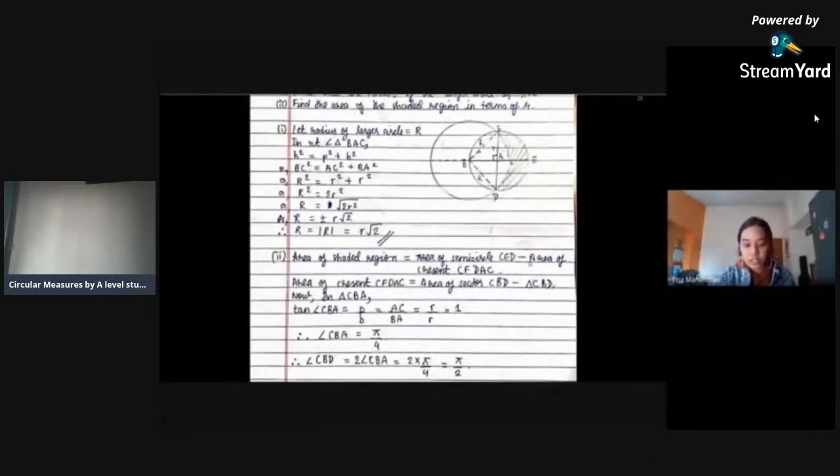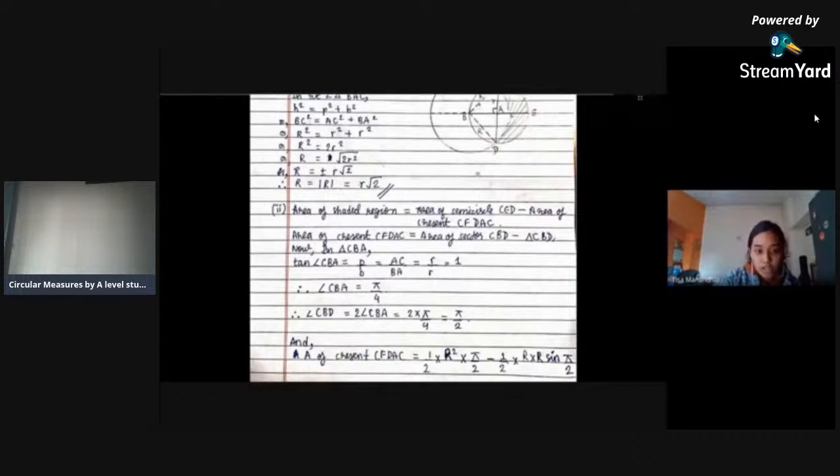I've written it here. To find the area of this crescent CFDAC, again from the figure we can find it by subtracting this triangle CBD from the sector CBD.